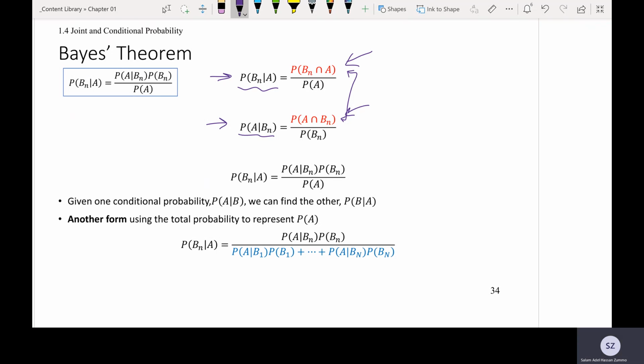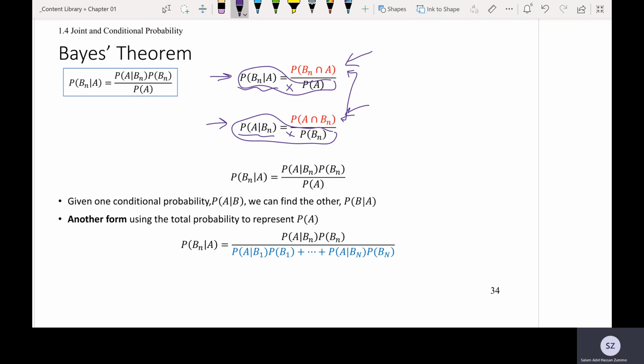So you can equate these two. By equating the common factor, you can find that this multiplied together equals this multiplied together. Hence, the probability of Bn given A multiplied by the probability of A equals the probability of A given Bn multiplied by the probability of Bn.